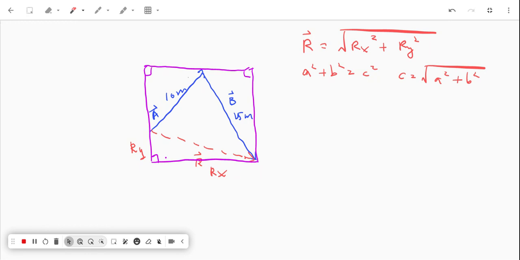All right? So, in this right angle triangle, the bottom one, the R, our A can be the X, our B can be the Y, right? So if we can find the X and Y, we can find the resultant. However, we don't have any information to find those, okay? So what do we have here? We have another two right angle triangles.